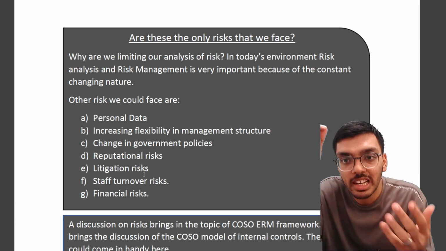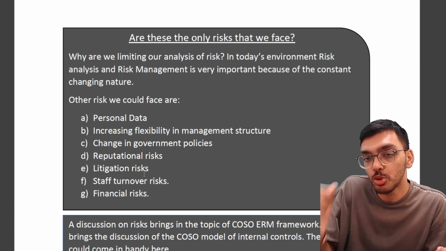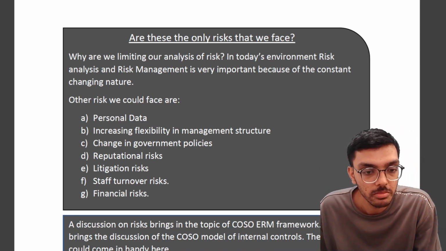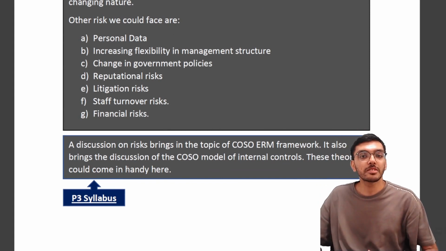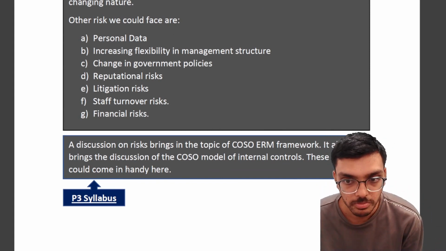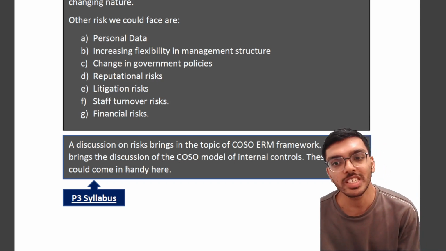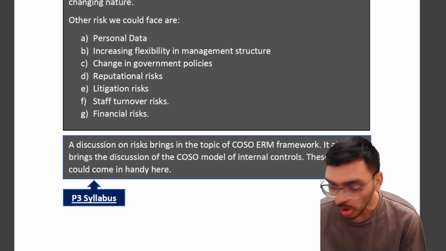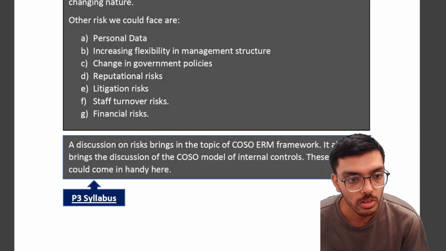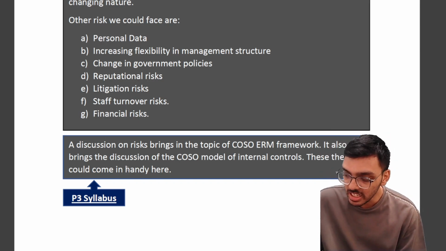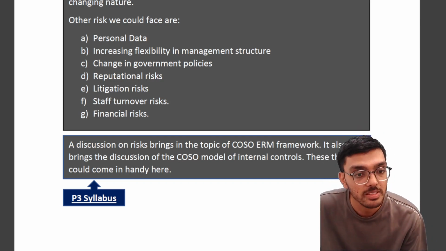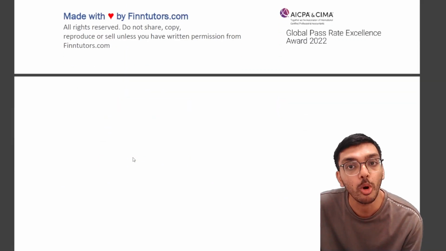So your list of risks which you have been curating becomes important over here. And a discussion on risks brings in the topic of the COSO ERM framework, so enterprise risk management. It also brings the discussion of the COSO model of internal controls. These theories could come in handy here, and this is part of your P3 syllabus. That is why I'm stating the importance of the same.